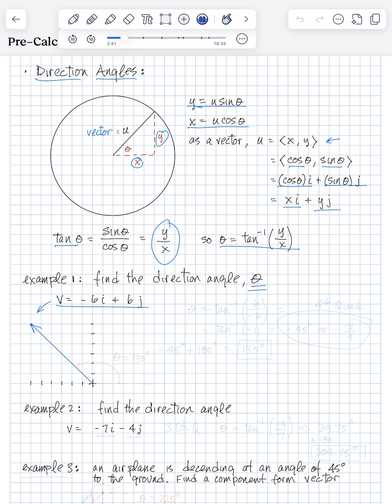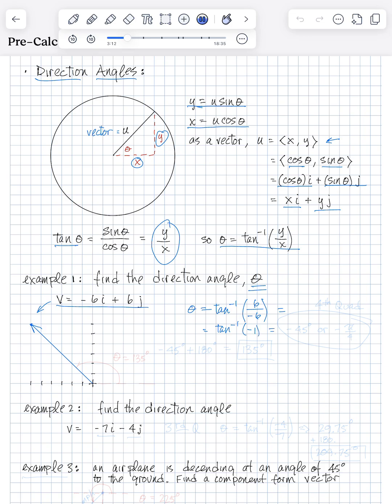So let's just go right to our equation. Theta is equal to the arctangent of the y value over the x value. So it's going to be 6 is the y, and negative 6 is the x. This is the arctangent of a negative 1.